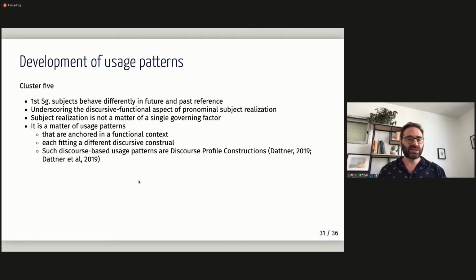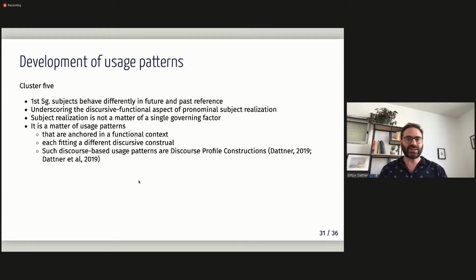And subjectualization is not a matter of a single governing factor. It is a matter of usage patterns that are anchored in a functional context, each fitting a different discursive construal. Such discourse-based usage patterns are defined by us as discourse profile constructions. Note that we in fact say that there are different types of subject.